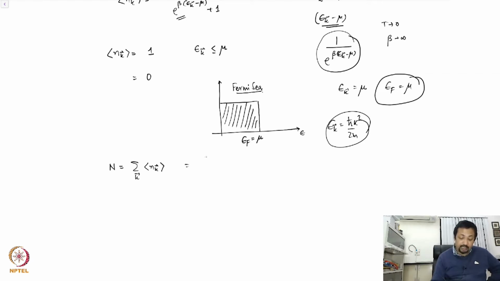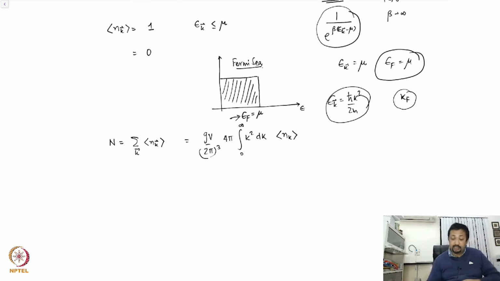And the sum over k I know is g V over (2 pi) whole cube times 4 pi k squared dk, and this goes from 0 to infinity, and then I have n_k, right? But the idea is to define a Fermi vector k_F corresponding to this Fermi energy epsilon_F, and therefore n_k is 1 only up to this Fermi vector k_F.